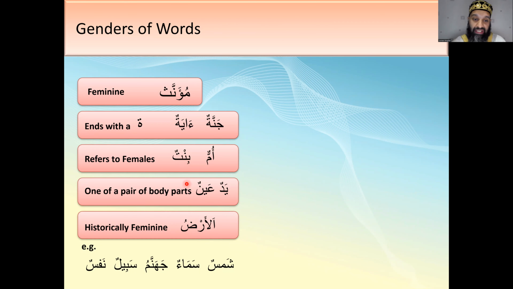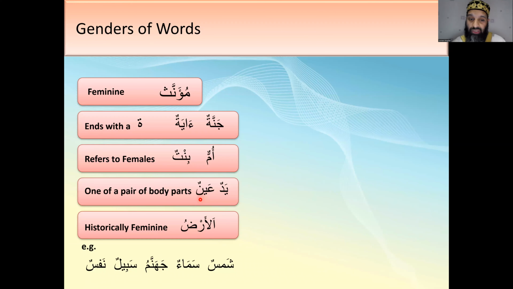The next one is a body part that comes in pairs, a body part that comes in 2s. Kidneys, ears, eyes, hands, feet, legs, they are all feminine. That's the third way you can tell a word is feminine.